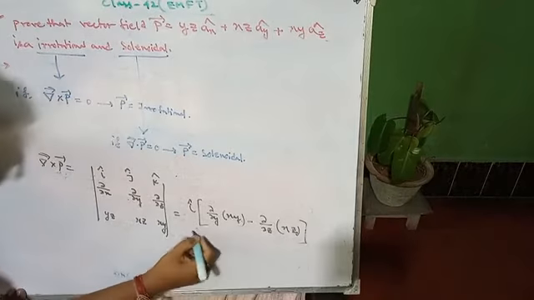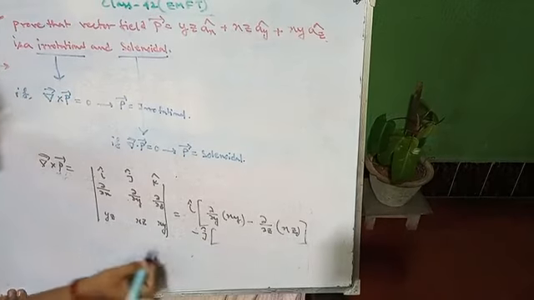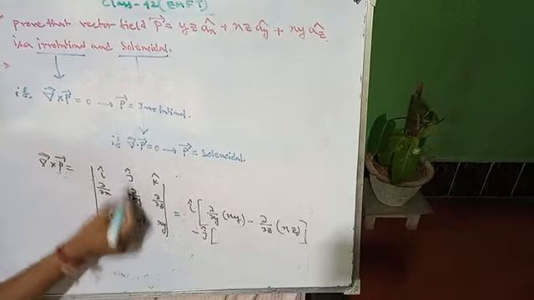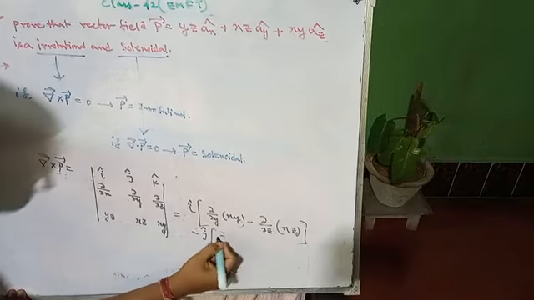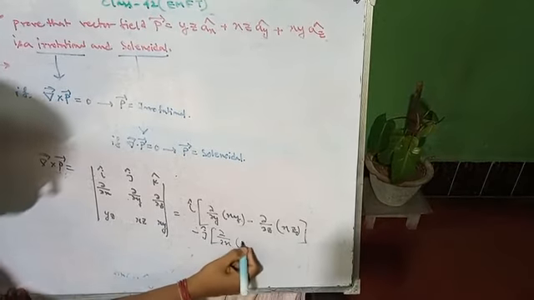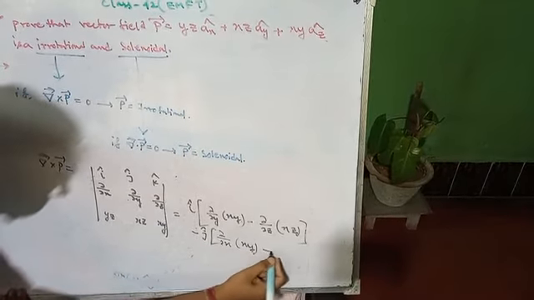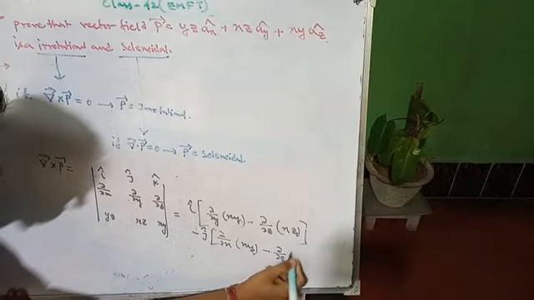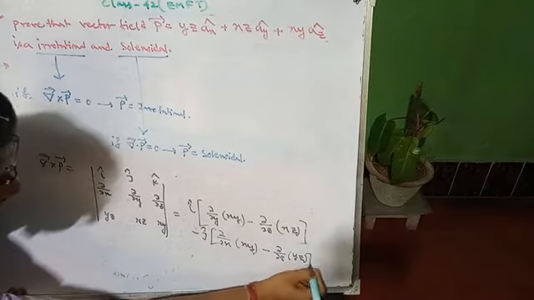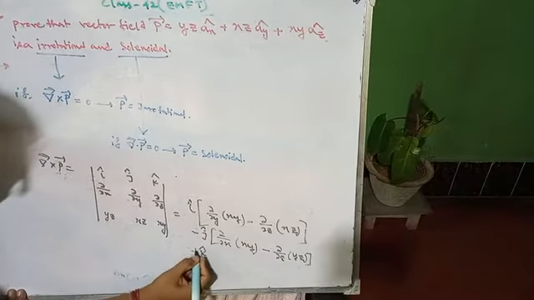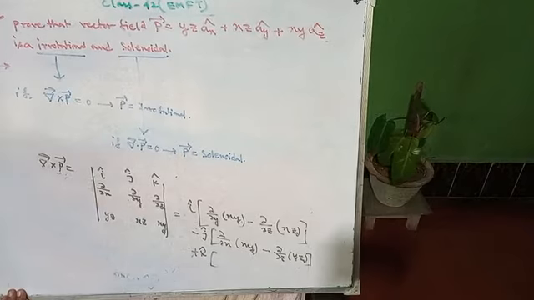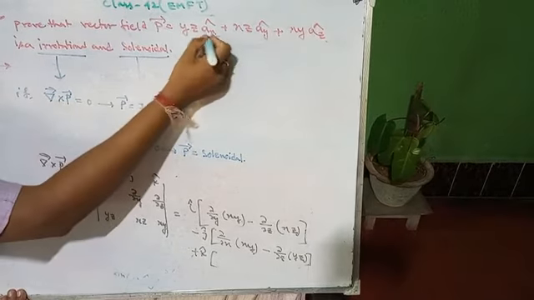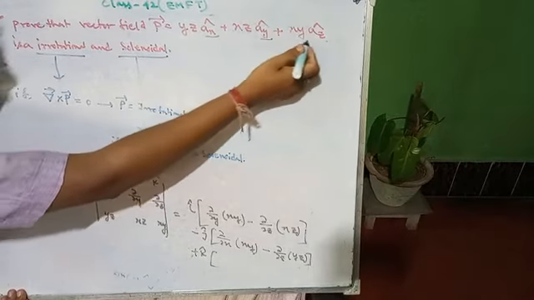Next j cap, by eliminating this column and this row: del x of xy minus del z of yz. Plus k cap.